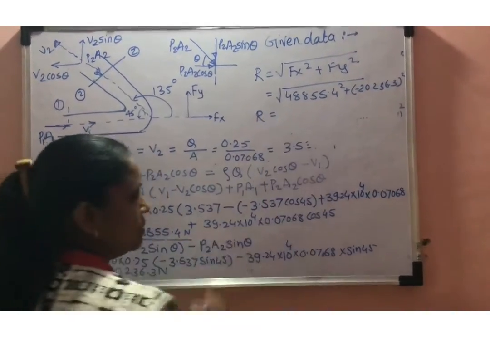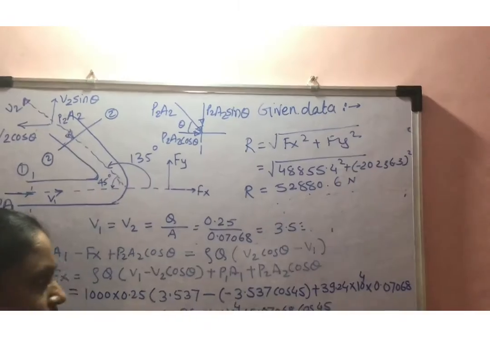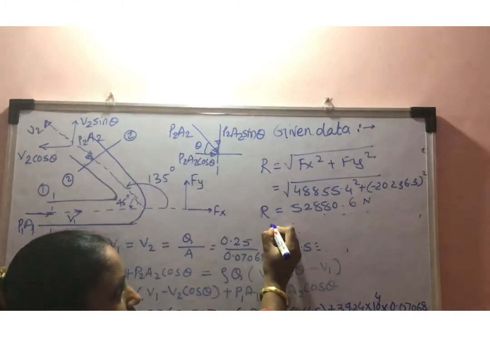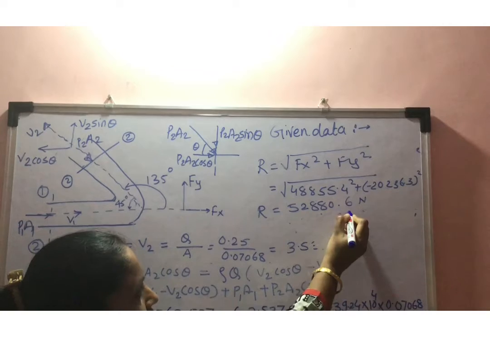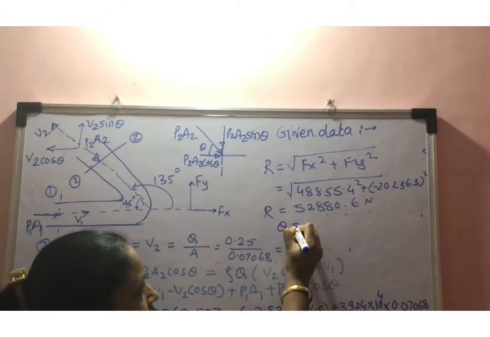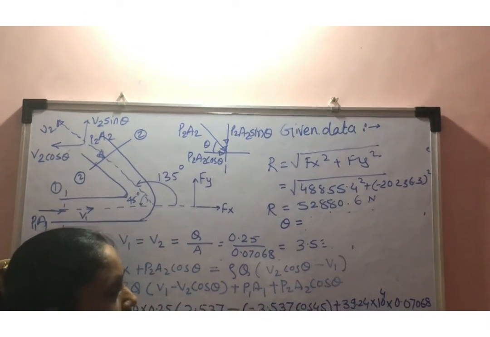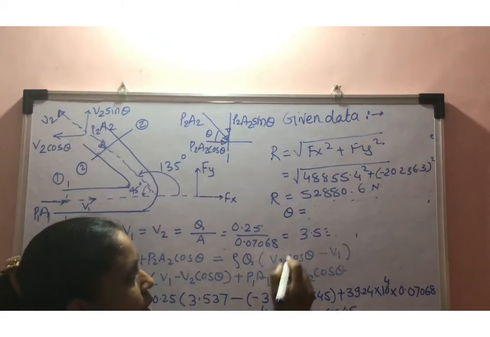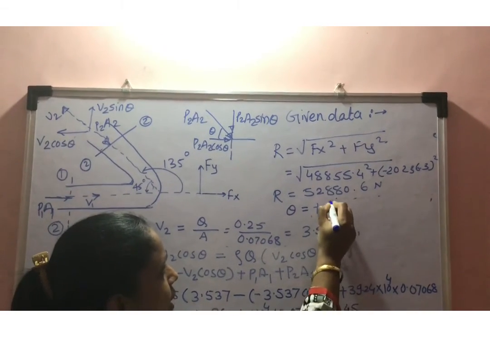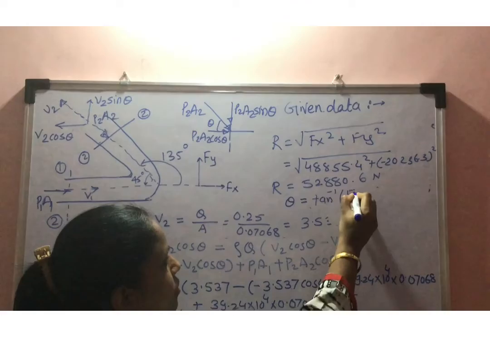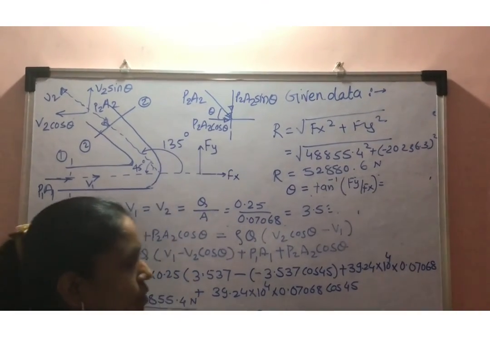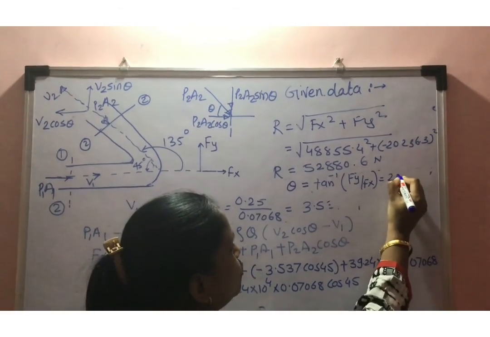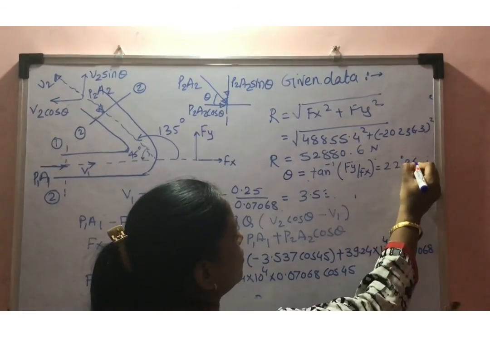Here we got the resultant R equal to 52880.6 Newton. Then find out the angle the resultant makes with the horizontal. That angle can be found using this equation, and here we got the angle 22 degrees 30 minutes.